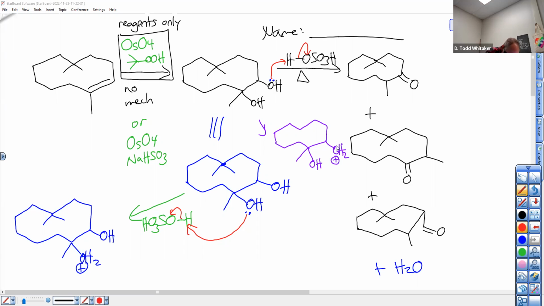It's going to be a lot slower to make this cation than it is to make that cation. So we've got the purple stream versus the blue stream.